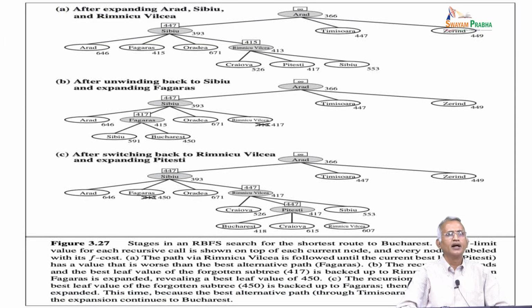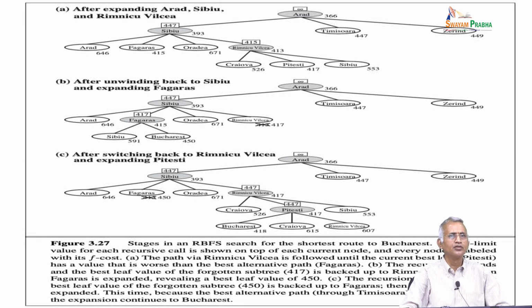This picture of the tree shows the shortest route to Bucharest, with the f value for each recursive call shown at the top of each current node, and every node is labeled with its f cost.